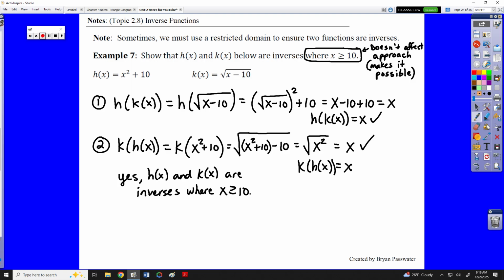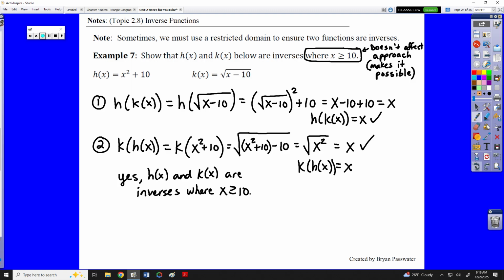Okay, now again, just real quick, if we look at h of x equals x squared plus 10, that function has a vertex at 0, 10. Okay, so when we restrict that domain, what it does is it creates that situation where only part of the parabola is there.